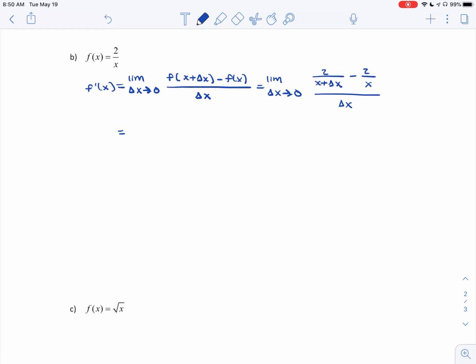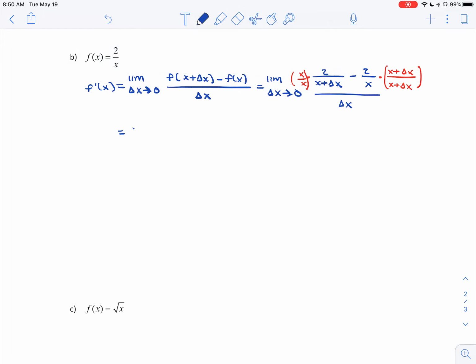All right, now all of our simplifying before we can worry about the limit. We have to simplify this thing. So since we have a fraction up top, I'm going to go ahead and get all this over a common denominator. So basically just multiply this guy by x plus delta x over x plus delta x, and multiply this guy by x over x to get that common denominator.